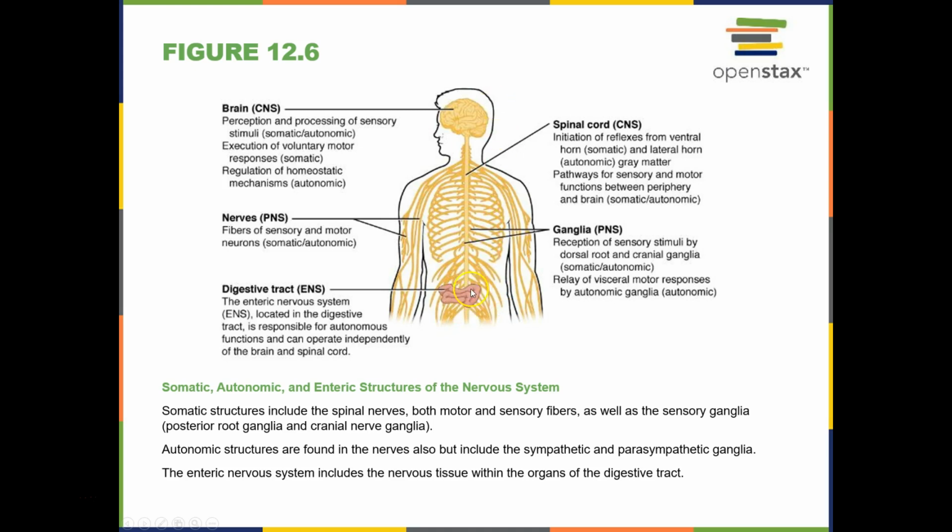So the brain and the gut do talk to each other through one of the nerves called the vagus nerve. And so information can be transmitted in both directions. We'll talk a lot more about this when we get into the digestive system in second semester.